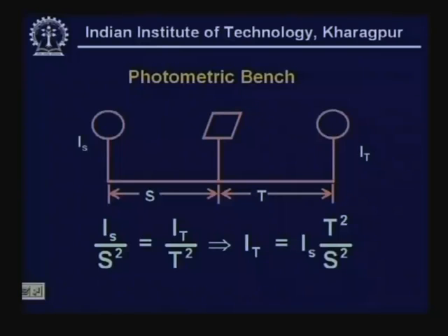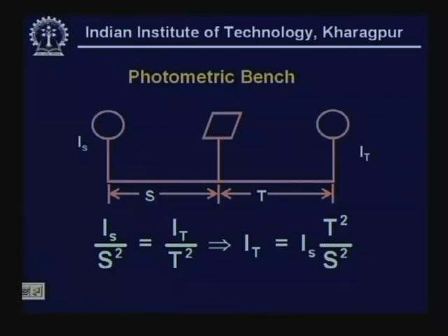Let the distance between the standard source and the photometric head be S, and that between the photometric head and the test lamp be T. Then the brightness is the same on the screen on either side.